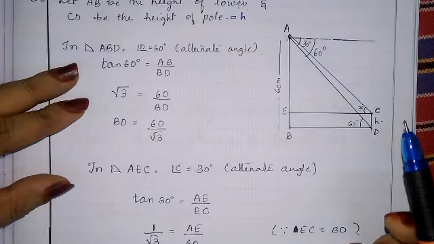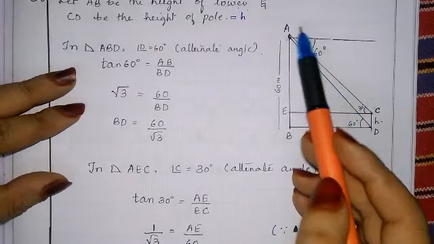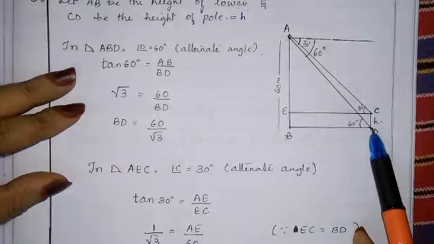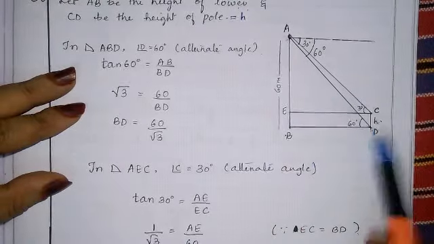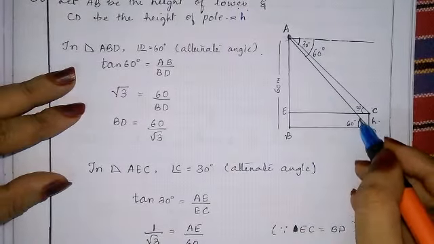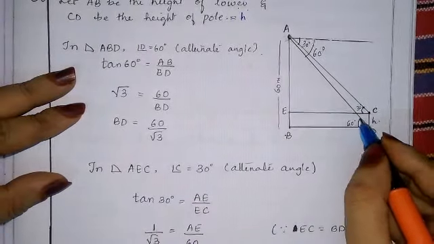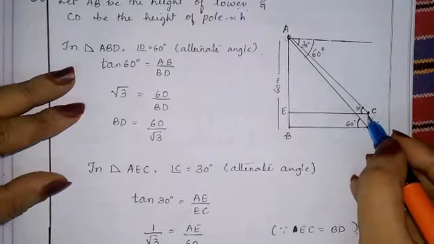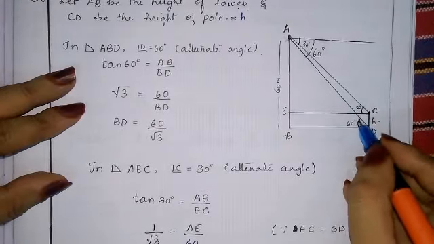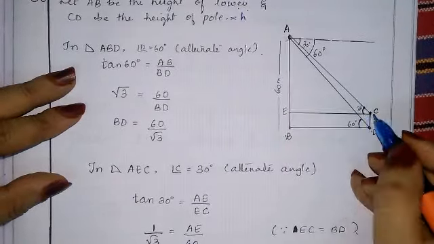How many right angle triangles do we have here? Let me see. In triangle ABD, a right angle triangle, foot of the pole is 60 degree, top of the pole is 30 degree.